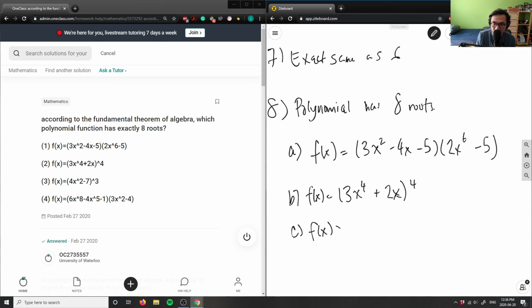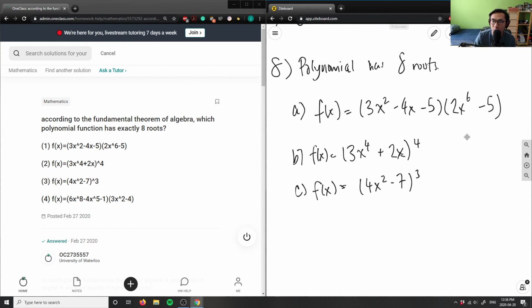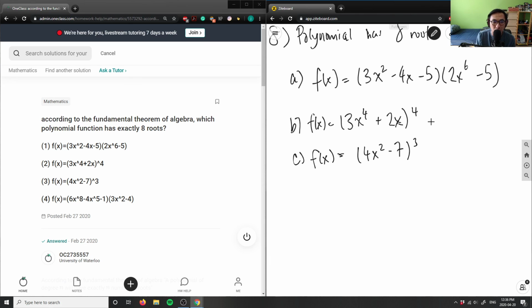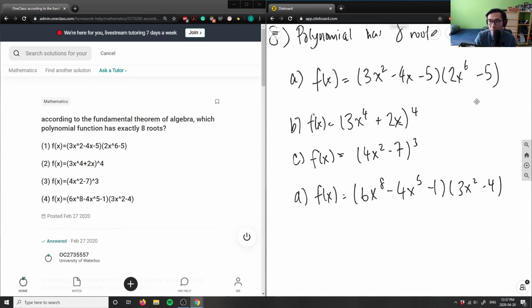C states that f of x equals 4x squared minus 7, to the power of 3. And finally, D is f of x equals 6x to the power of 8 minus 4x to the power of 5 minus 1 times 3x squared minus 4. So I have four functions here.